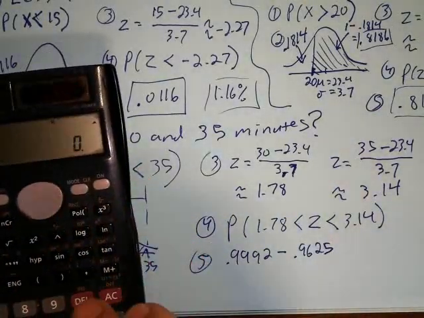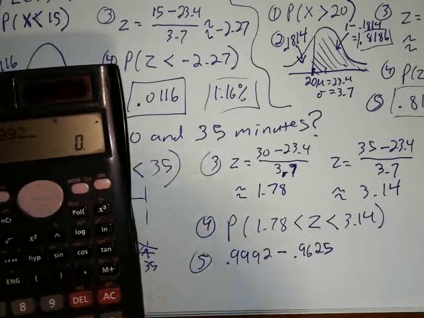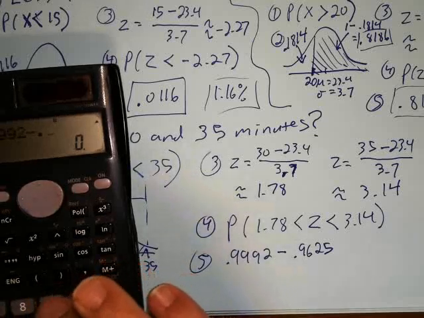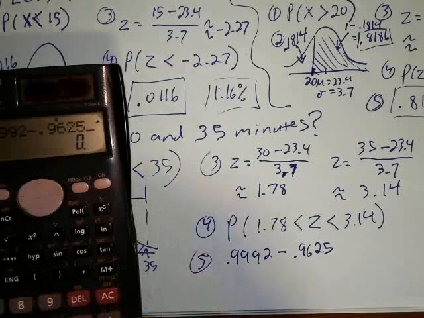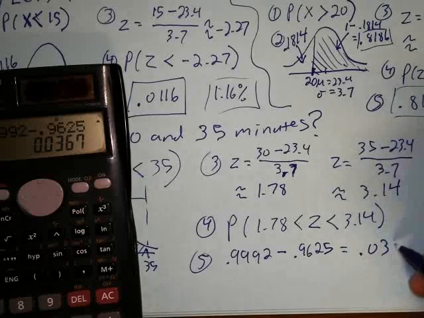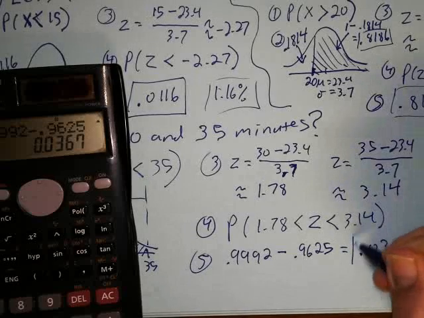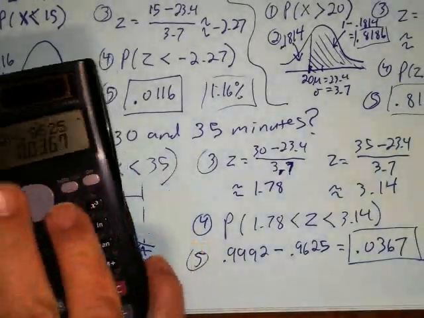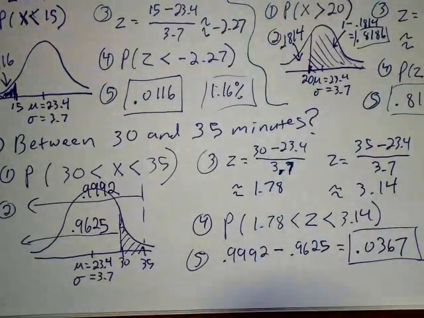I get 0.9992 minus 0.9625, and what I get here is 0.0367. And that is my final probability.